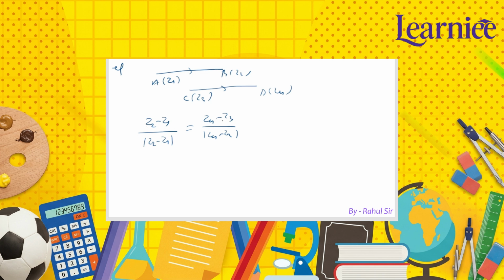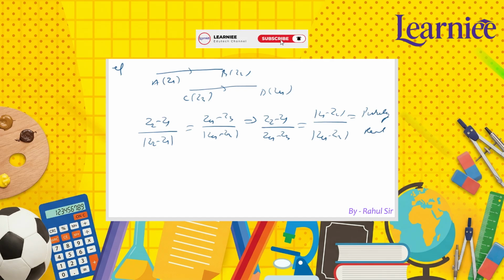So essentially the ratio Z2 minus Z1 upon Z4 minus Z3 is mod of Z1 minus Z2 upon mod of Z4 minus Z3. This is purely real. So I can say Z2 minus Z1 upon Z4 minus Z3 is purely real.